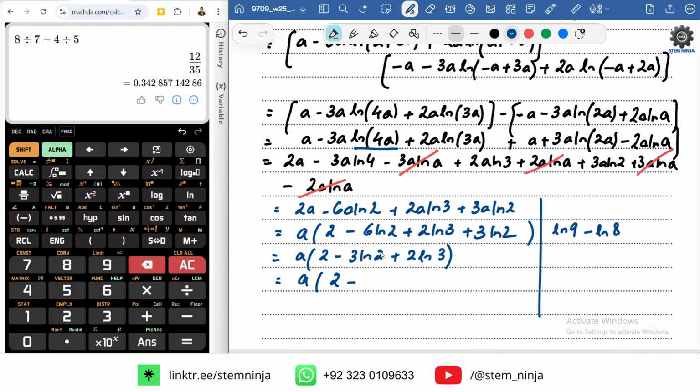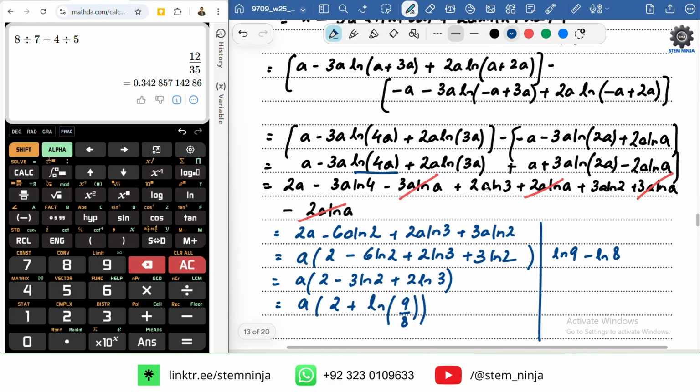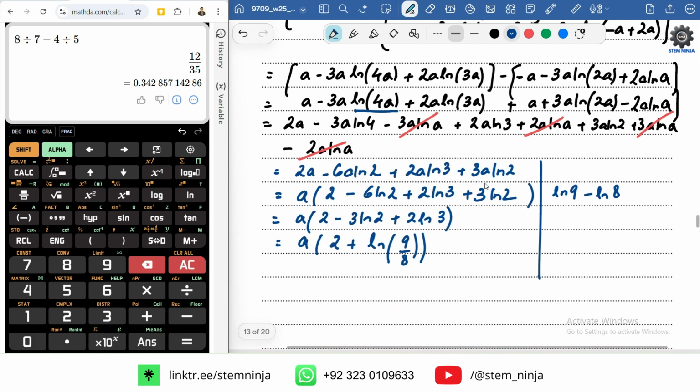Q is coming out to be rational, but wait, we'll see in a second. So ln 9 over 8, sorry, plus, right? So 2 would also be rational now, because you can write it as 2 over 1, so technically that's also rational. Right, so I think that's the final answer.